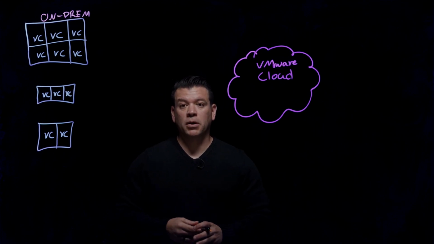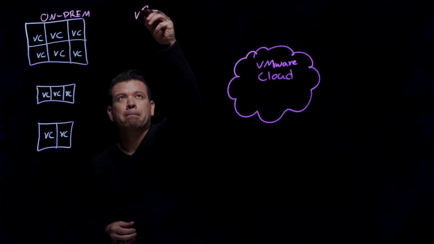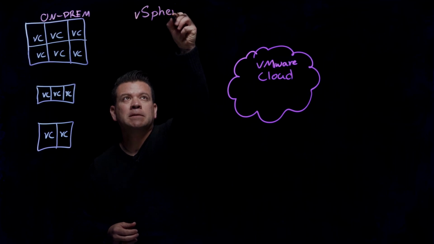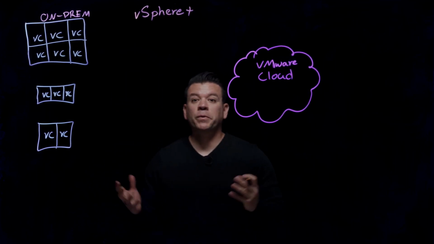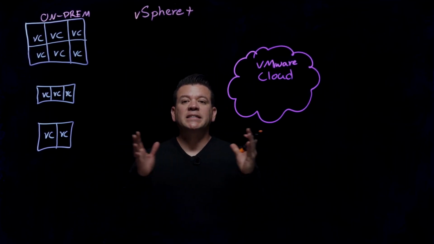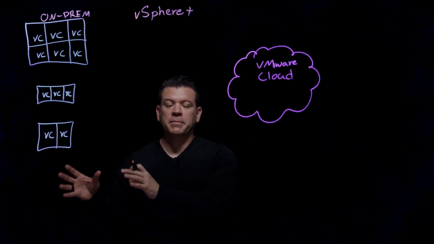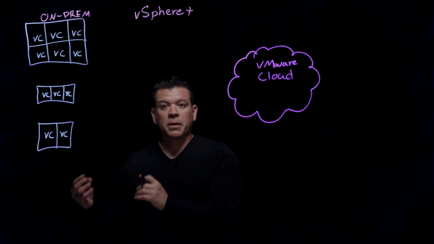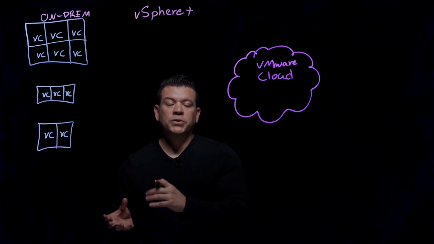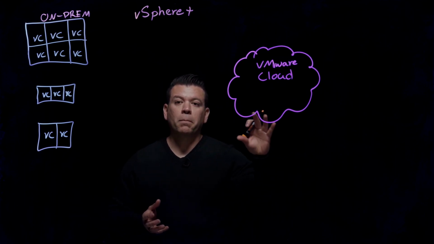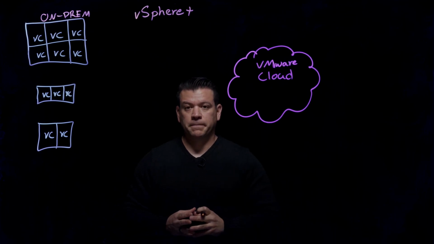This is what vSphere Plus is all about. With vSphere Plus, we're adding additional features to your on-prem environment without taking your on-prem environment features away, but we're also allowing you to connect and manage this from a centralized standpoint.